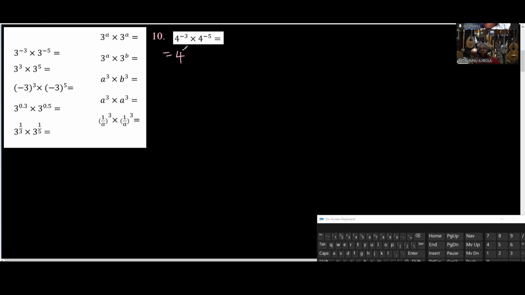So 4, then minus 3 plus another minus 5. This is going to give me 4 raised to power negative 8. Then I can simplify further as 1 over 4 raised to power 8. If I am required to break it down, not as index form, then I'm going to have to multiply 4 in 8 places, okay?